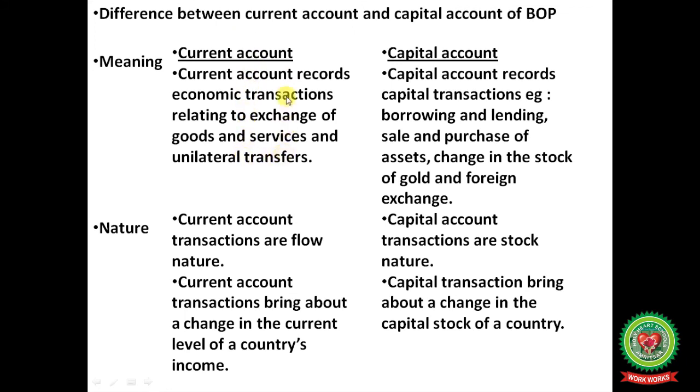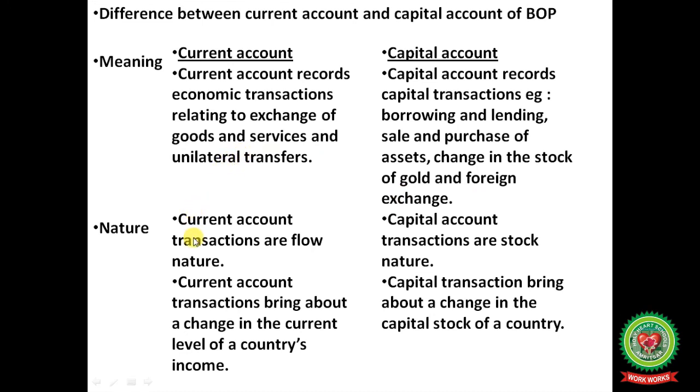All these are counted in the current account during a financial year. Capital account records capital transactions like borrowings and lending, sale and purchase of assets in the foreign market, and change in the stock of gold and foreign exchange.